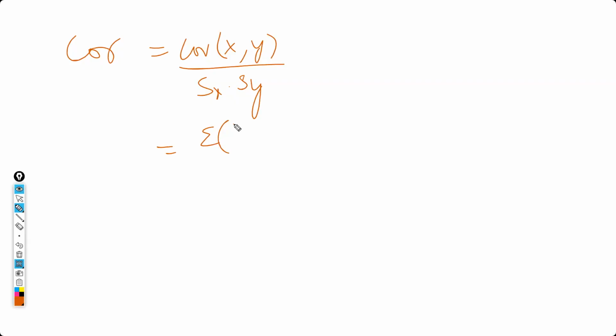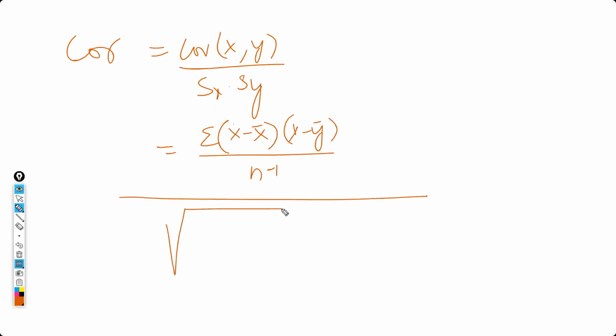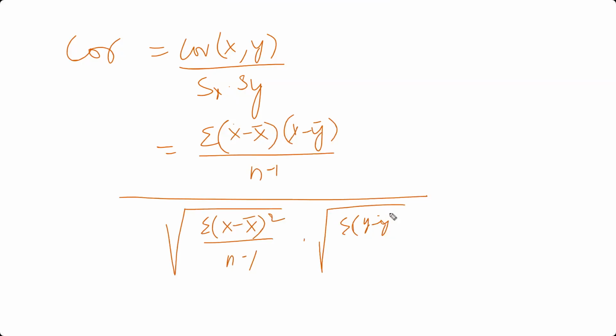Why? That is what we are going to see now. The covariance formula is sigma of x minus x bar into y minus y bar divided by n minus 1, divided by square root of sigma of x minus x bar squared divided by n minus 1, into square root of sigma of y minus y bar squared divided by n minus 1.